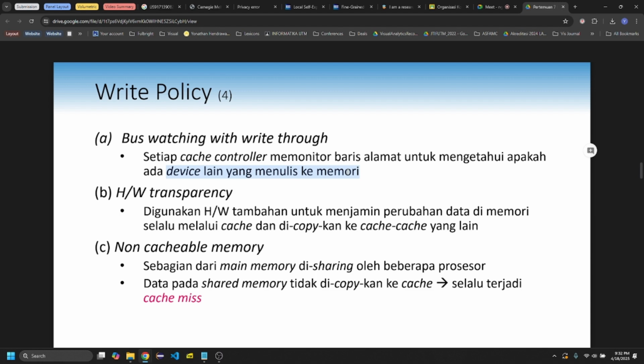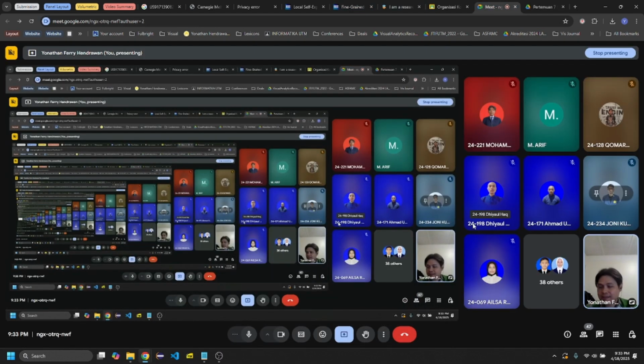So in this case, every cache has a controller monitoring if there is any other device writing to the memory that has its data in its cache. So here is the case. This is main memory. This is the first cache. It accesses several memory addresses here.